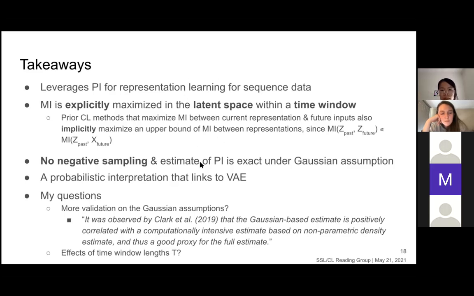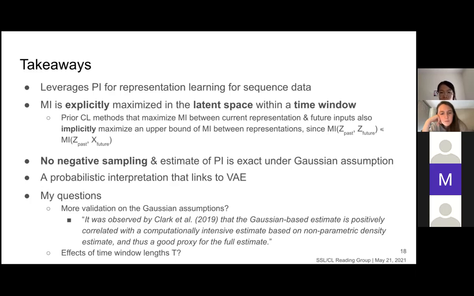But some of my questions are, so when they estimate PI, they made this assumption of a stationary Gaussian within this 2T window. They didn't really do ablation studies or experiments on this assumption. But quoting a sentence in the paper, they refer to a prior study that Gaussian-based estimate is a good proxy for the full estimate.